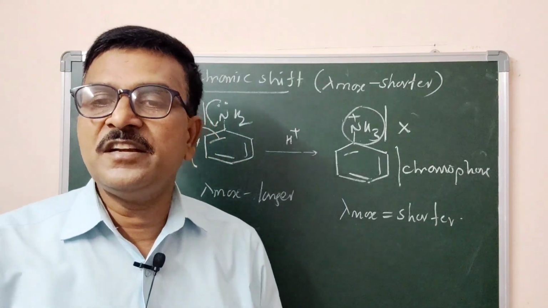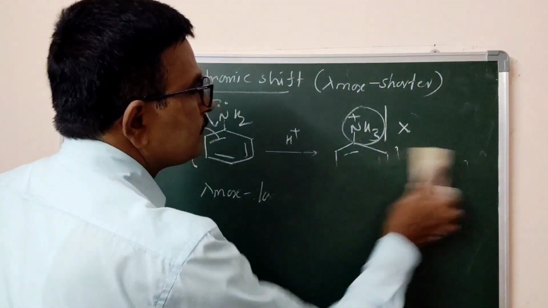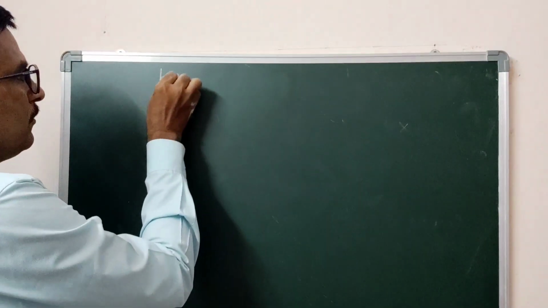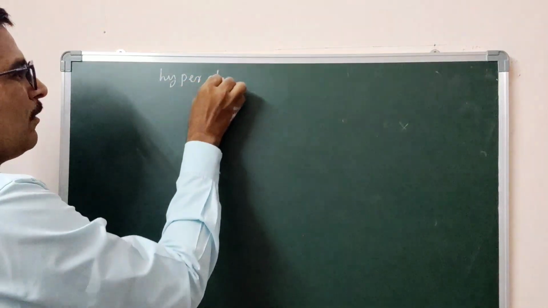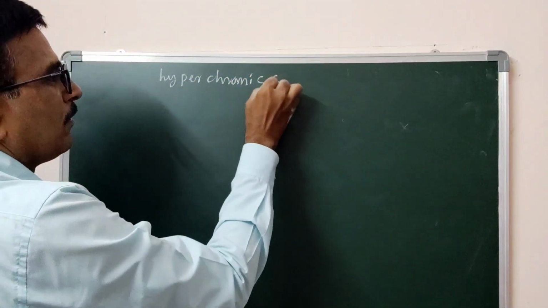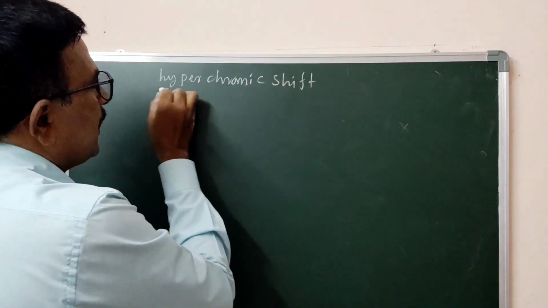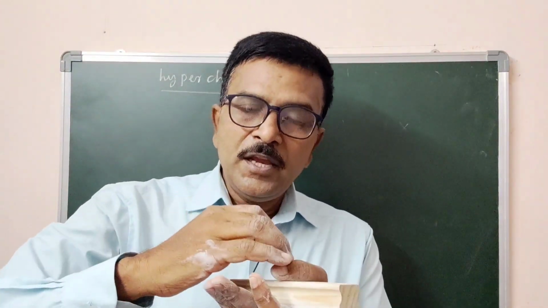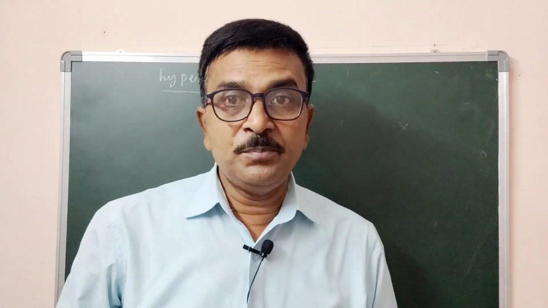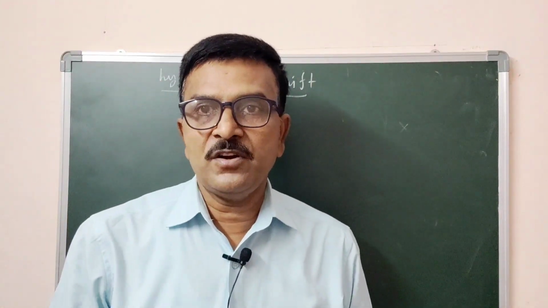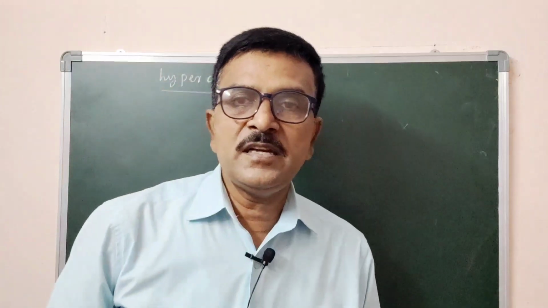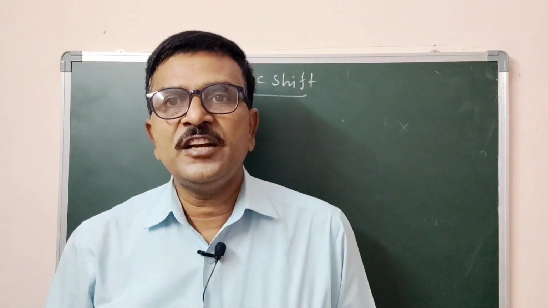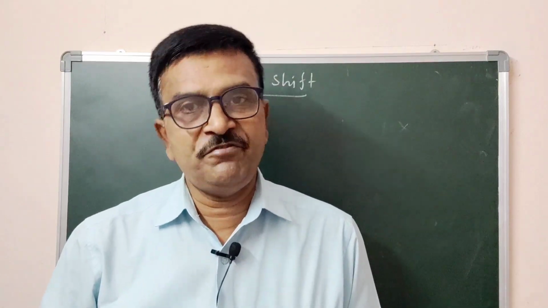Now coming to intensity shift. Hyperchromic shift. It involves improving the intensity of absorption by the molecule, and this is called hyperchromic. Where the intensity of absorption increases, that is called a hyperchromic shift.